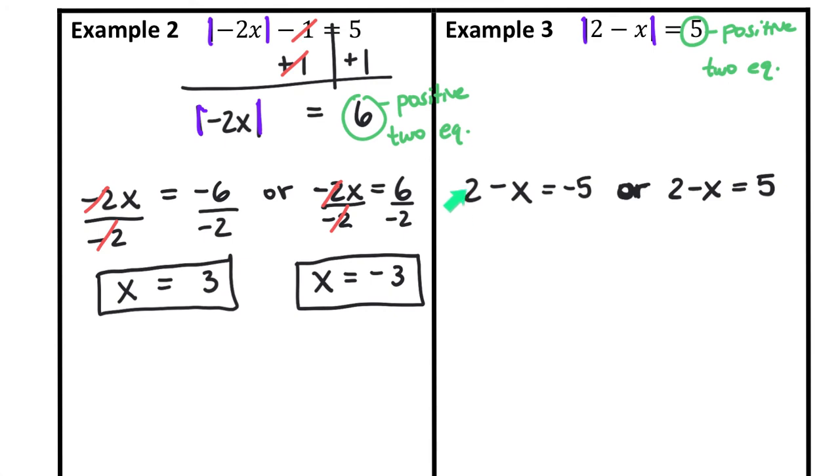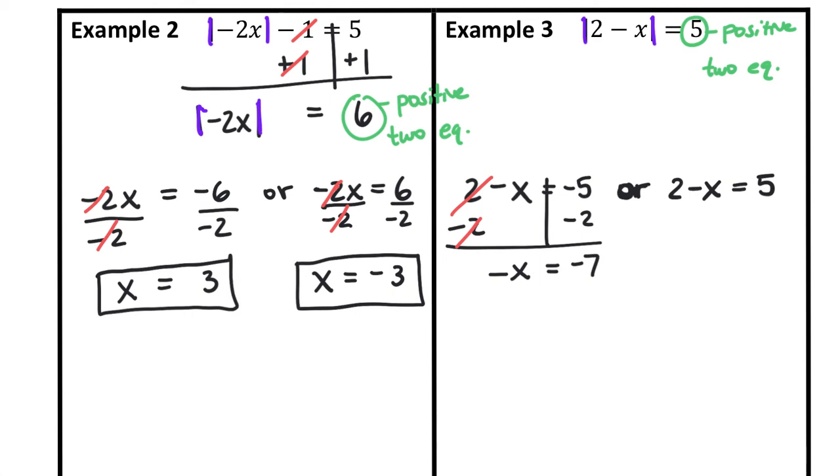You can get rid of the 2 by subtracting 2. It's going to cancel there. It's going to give me negative x equals negative 7. And then I want to get rid of the negative.